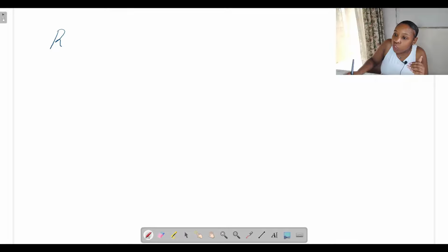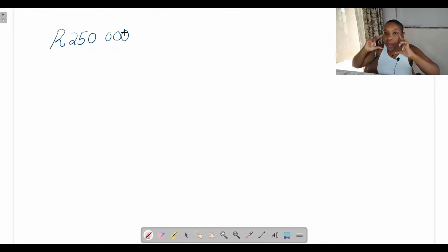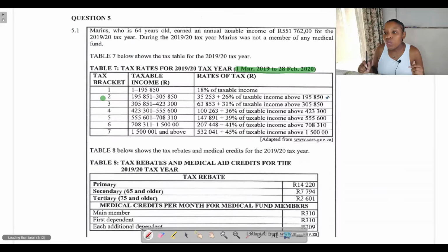So let's say you earn 250,000 per annum. How would we calculate the amount of tax that you would have to pay if you earn this amount, right? So if you go to table 7 that is given to us, they tell us to calculate the rate of tax that you would have to pay.